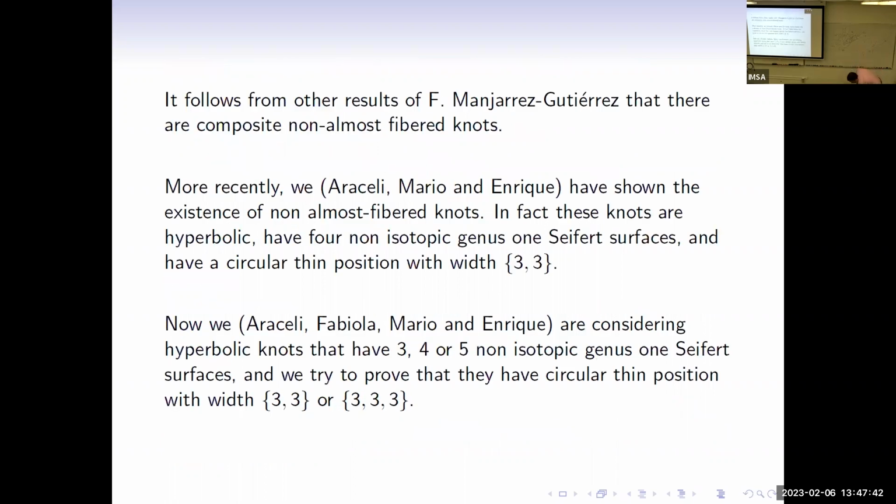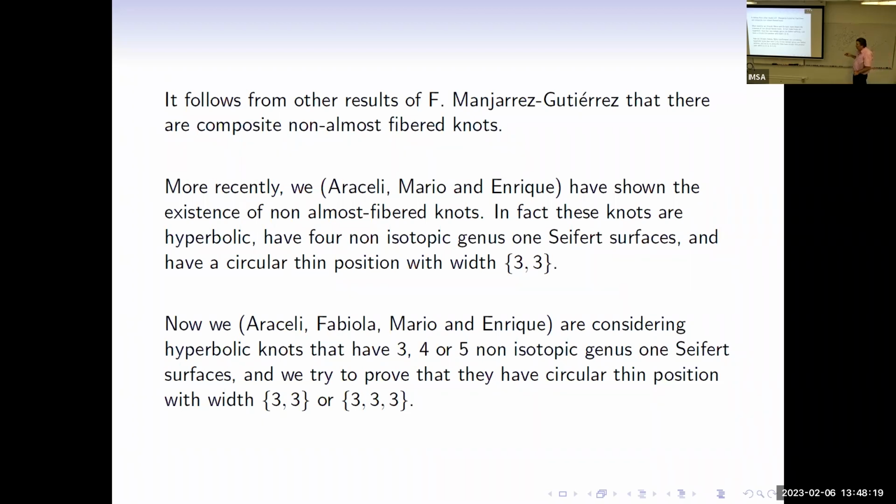Also, by results of Fabiola, there are composite knots that are not almost fiber. But more recently, we have shown the existence of non-almost fiber knots. And in fact, these knots have four non-isotopic genus one Seifert surfaces in separating position.